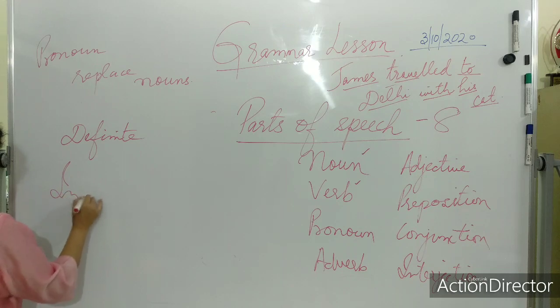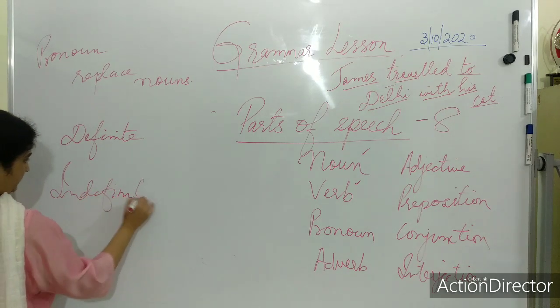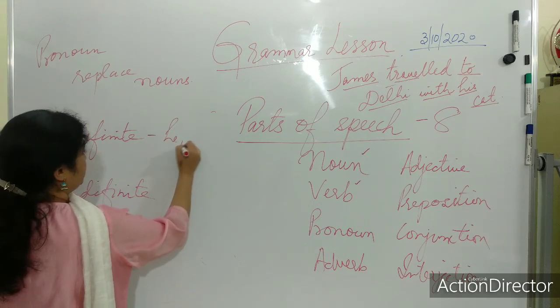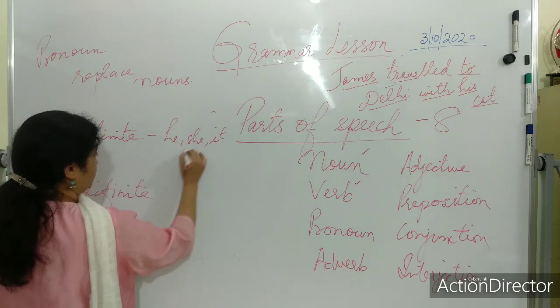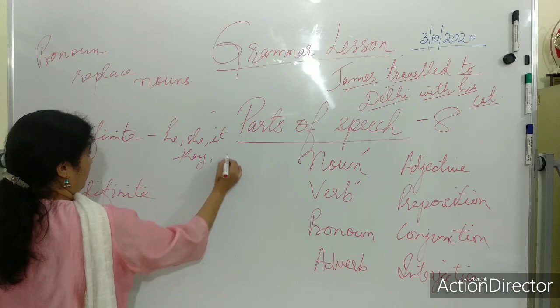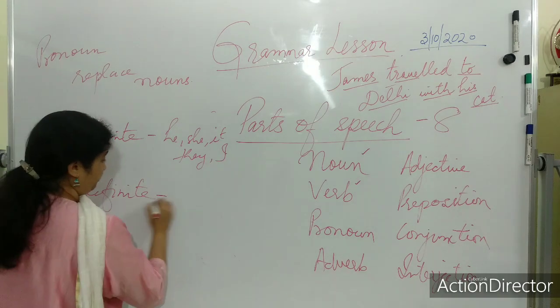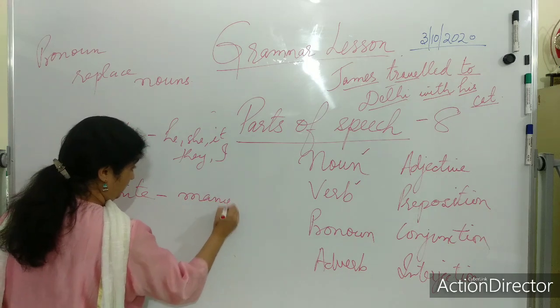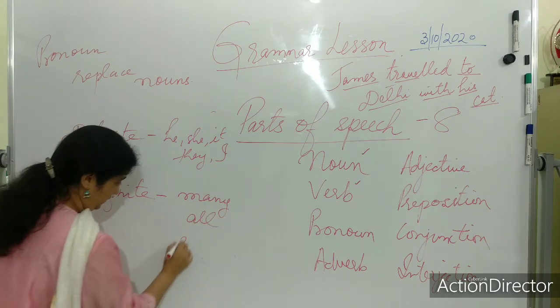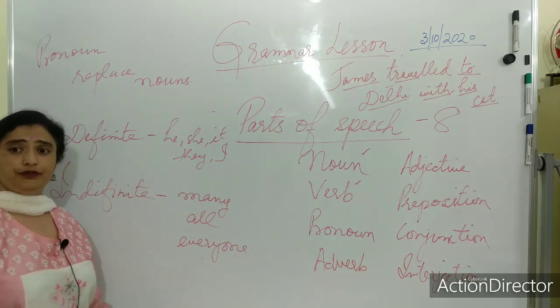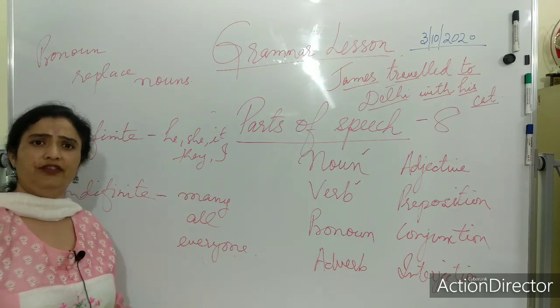Definite pronouns and indefinite pronouns. Definite, when we know: personal pronouns, he, she, it, they, I. Okay? Indefinite: many, all, everyone. If we have to refer to all of us, I will not take everybody's name.